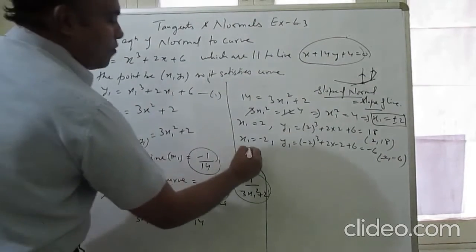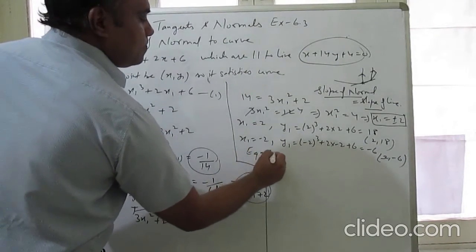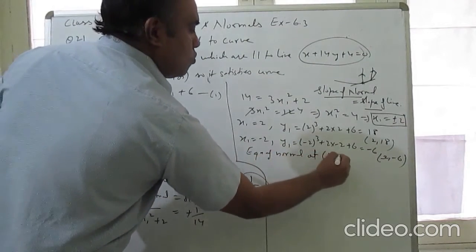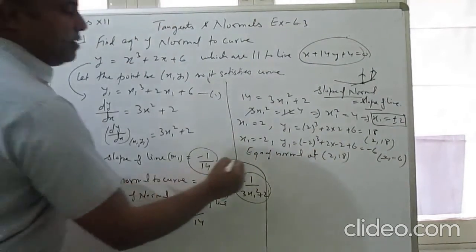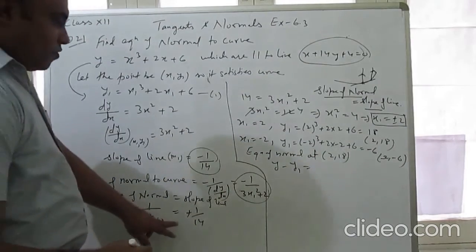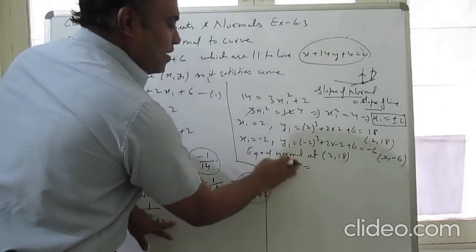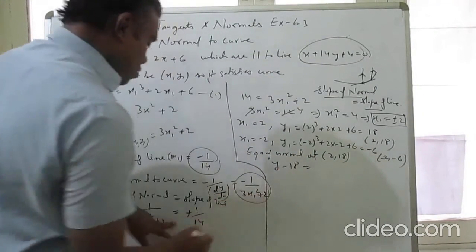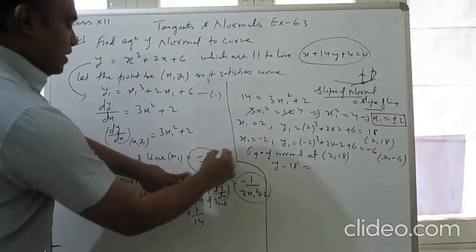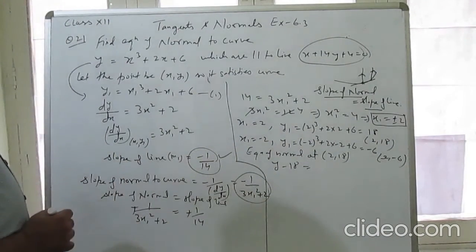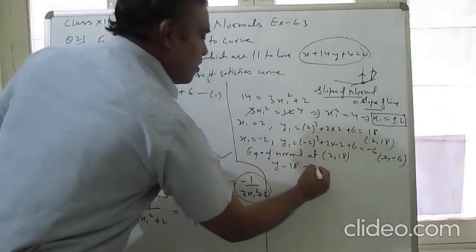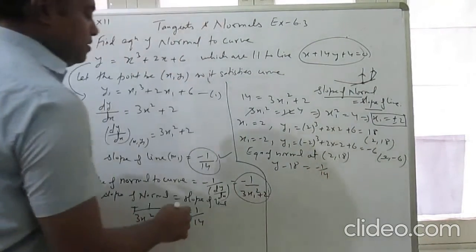So now the equation of the normal. We will find it at both points. At (2, 18), we write y minus y1. What is the slope of the normal? Instead of y1 you can write 18, and the slope of the normal is minus 1 upon 14.